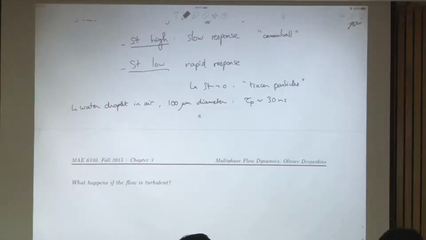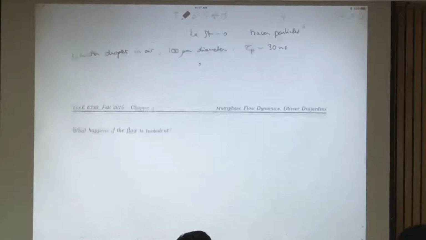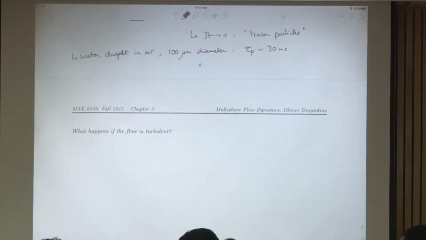Okay, so fine, we talked about that already. Now what's going to happen if the flow is turbulent? If the flow has a range of turbulent flow structures, or a range of eddies that exist on a range of timescales, well, things are going to be pretty interesting. How do I estimate my accurate fluid time scale? That's exactly what I was going to talk about.